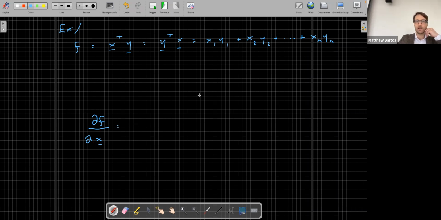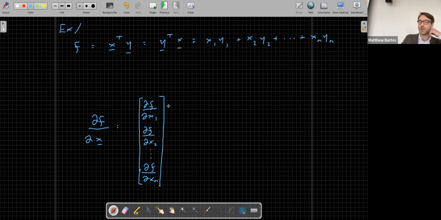So we have to compute df with respect to x1, df with respect to x2, and so on all the way to df with respect to dxn. So what is the partial derivative of f with respect to x1?